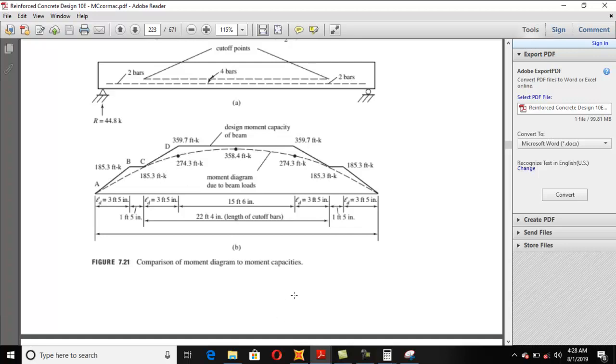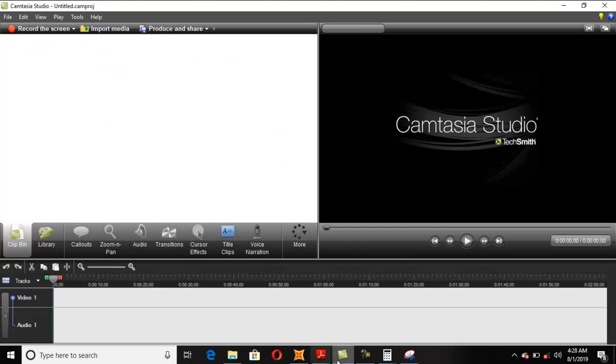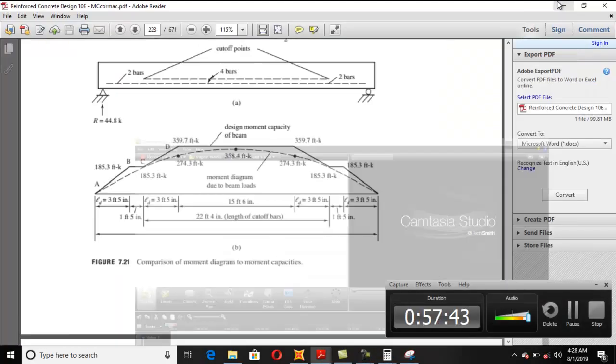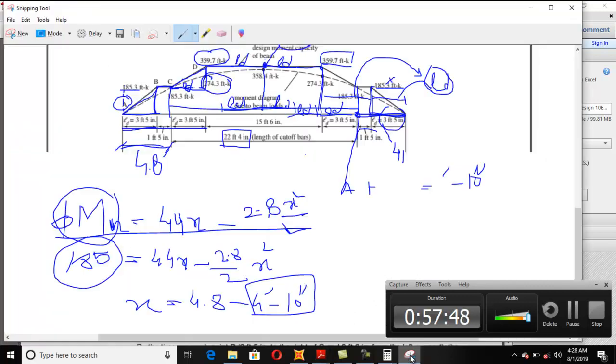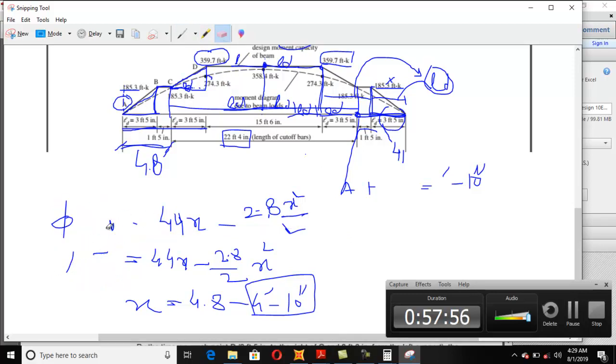So if I summarize my whole lecture, the main theme of this lecture is that you need to basically draw the moment capacity diagram plus your actual moment diagram, which is based upon the actual loading.